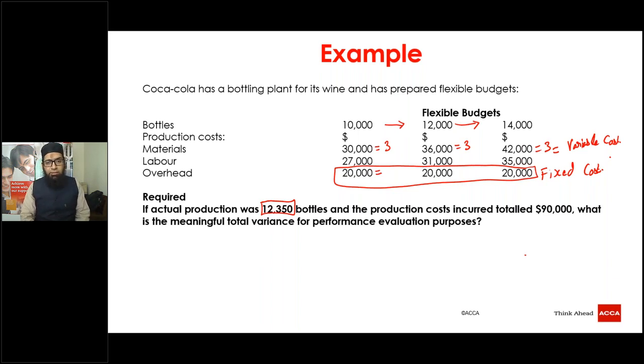And finally, there is the labor cost. If we calculate it, it will be 2.7 for 10,000 units. How much will it be for 12,000 units? Can anybody calculate it for me? Abid, can you please calculate it for me? For 12,000 units, what will be the labor cost?